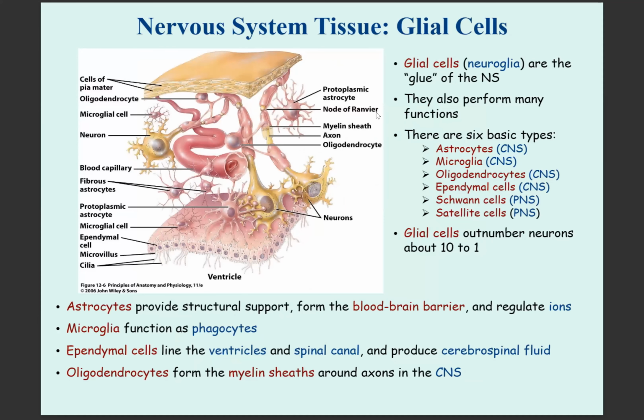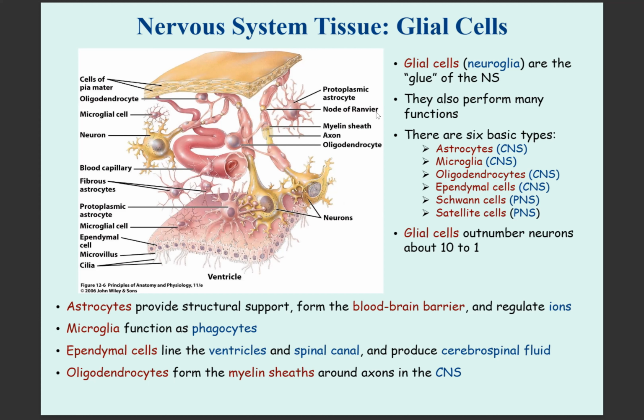Now let's come to the supporting system for the central nervous system or for the nerves. The neurons are actually supported. They have a supporting system which we call the glia or neuroglia.